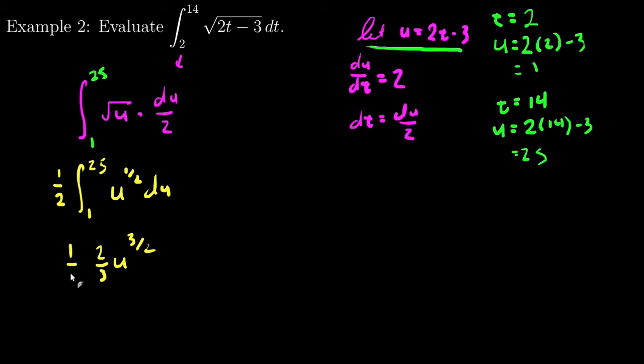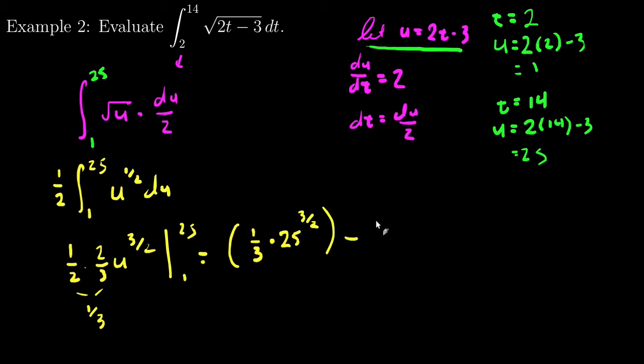And I still have this 1/2 times it, evaluated from 1 to 25. 1/2 times 2/3 is 1/3. So I'll have 1/3 times 25 to the 3/2 minus 1/3 times 1 to the 3/2.